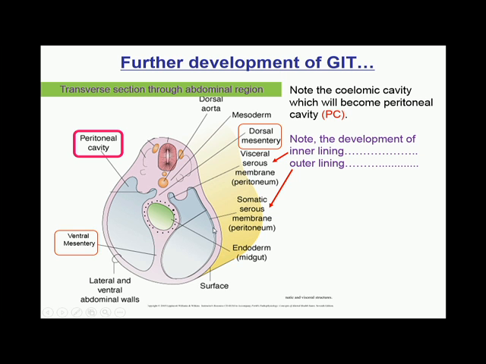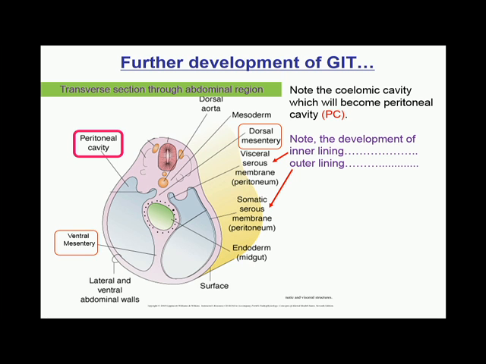Now in the adult, this inner lining will give rise to your visceral peritoneum, and the outer lining of the peritoneal cavity will give rise to your parietal peritoneum. Clinically this is important because the visceral peritoneum, which is developed from the splanchnic mesoderm, is relatively pain insensitive, whereas the somatic mesoderm, which gives rise to the parietal peritoneum, is very pain sensitive.